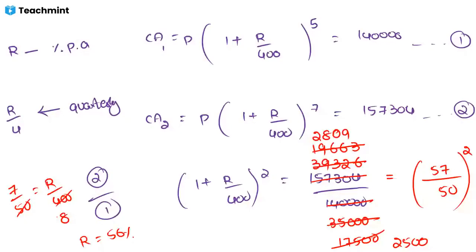Okay. 57 square, right? So 60 square is anyhow 3,600. It should be less than that. 57 square, okay. It's 7749. 57 plus 7 is 64 divided by 2. We got 3249.